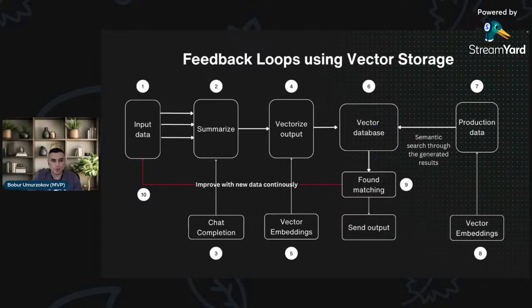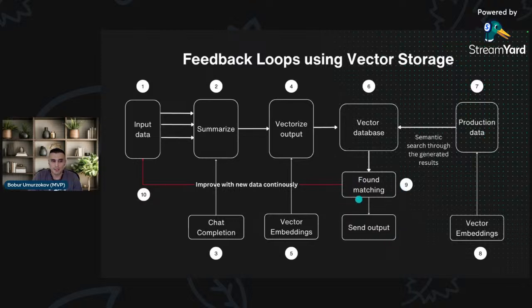Why are we doing so? Because, as you can see on the right side, once production data comes in, which is always changing, we are doing a typical semantic search or vector search against the vector database, right? Then once we find the matching result, we send the output as RAG works.